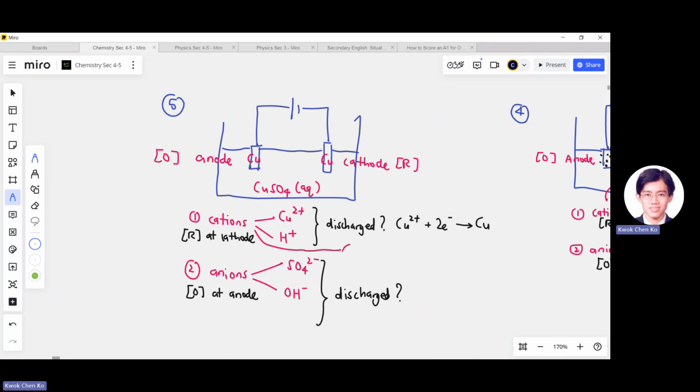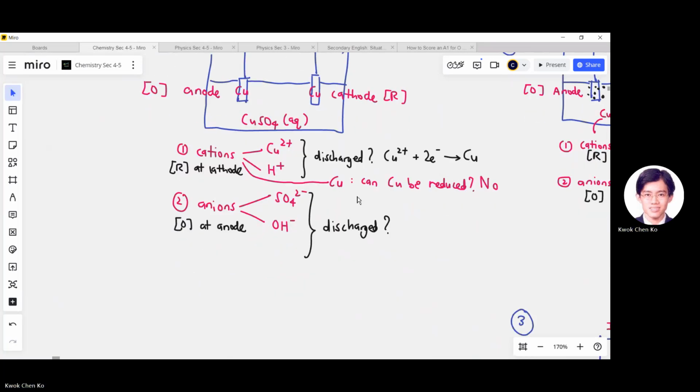Cathode itself is copper. So ask yourself, can copper be reduced? No, I think we answered that just now. Hopefully you remember. So the answer is no. Therefore, don't worry about the copper cathode. Copper cannot be reduced.